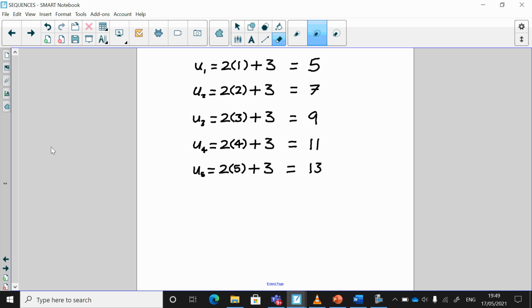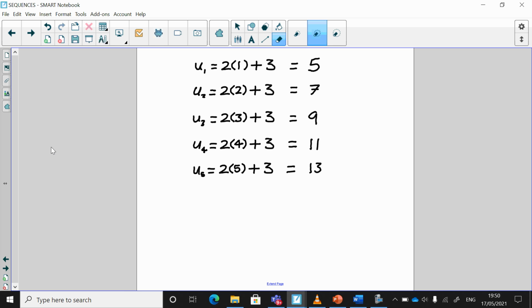Right, so they would be the first 5 numbers in the sequence. That's all we've asked for here. So if you want to use a wee table, that's fine. Hopefully you notice 5, 7, 9, 11, 13, they're all going up by 2.